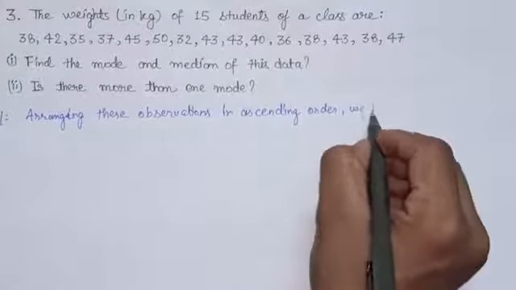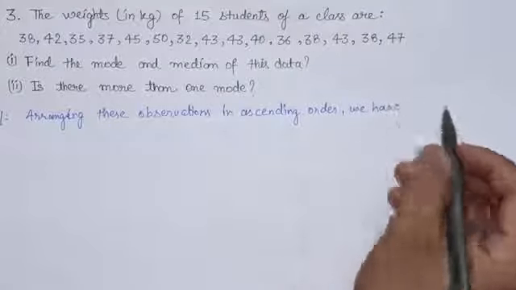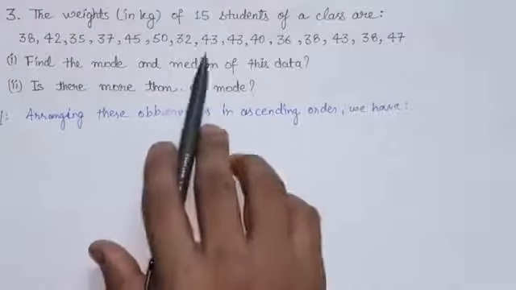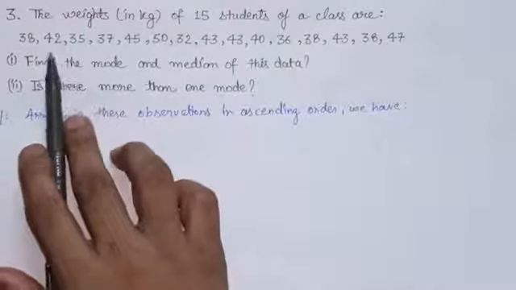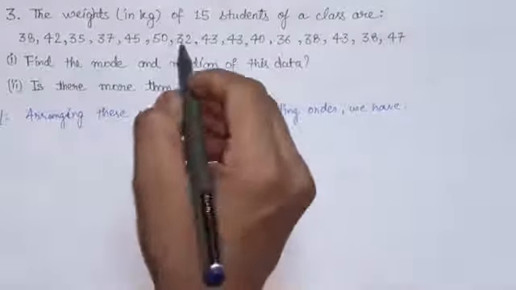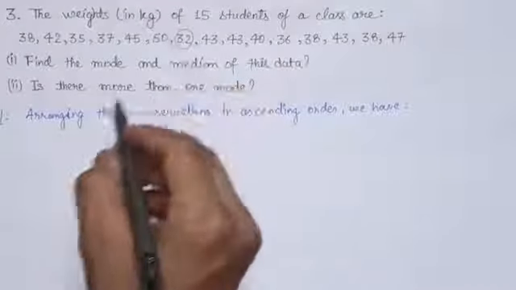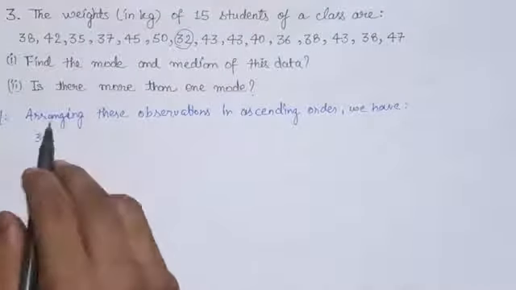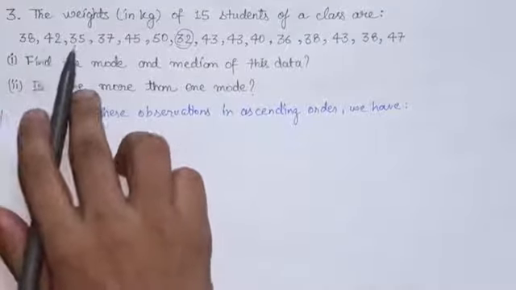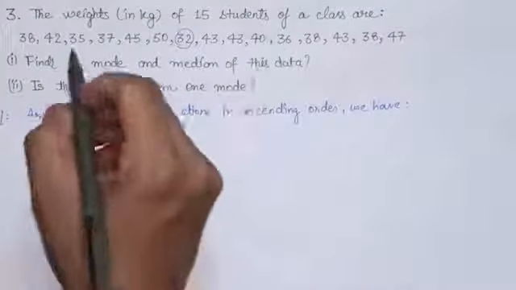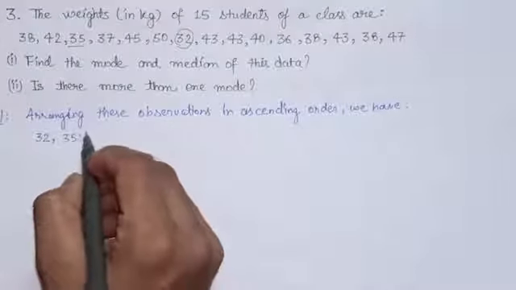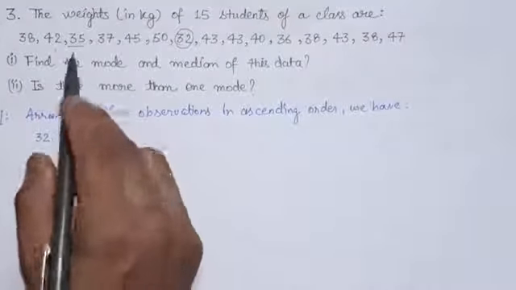So let us arrange. Here it comes, the smallest one is 32. So first we write 32. After that, you can see 35 is the smallest. So 35. Then again it comes 36.